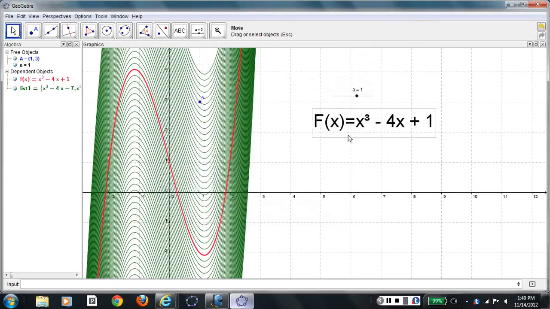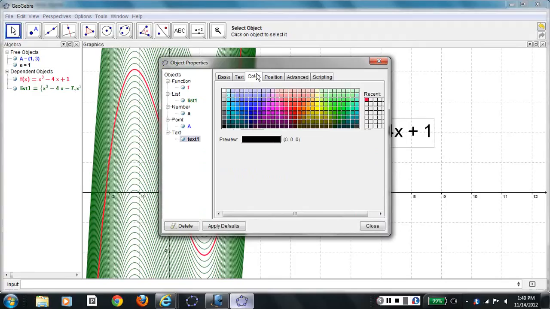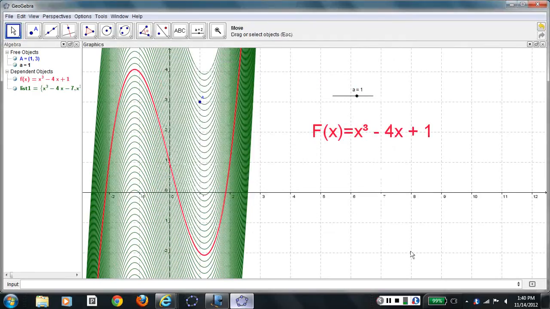All right. So for the one, and I maybe should make it the same color as the other one. So the red one is f of x equals x cubed minus 4x plus 1. And if I move this, adding or subtracting a number to the right-hand side is going to be a vertical shift, up or down, depending on what we add or subtract.